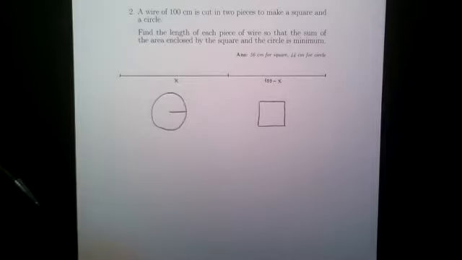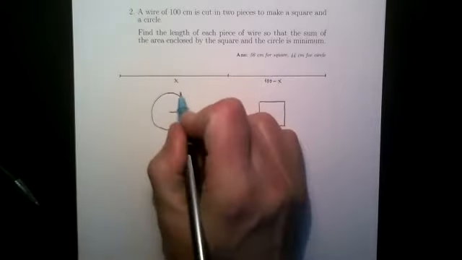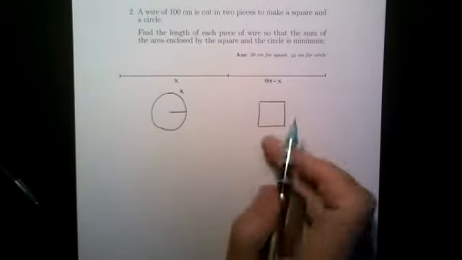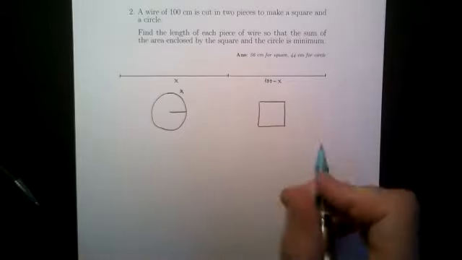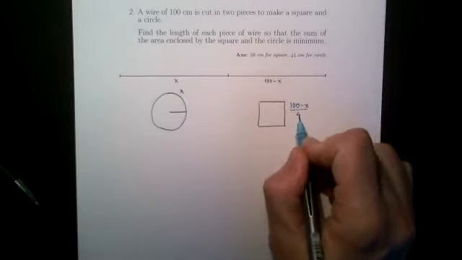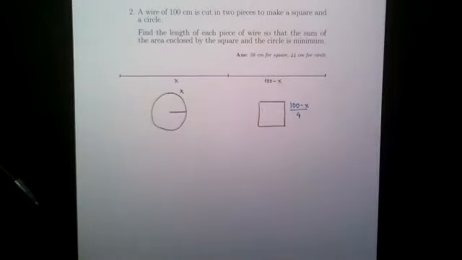So what's given to me here? I know that the circumference here is x, and I know that the circumference here is 100 minus x. Therefore, each side here is (100 minus x) divided by 4. That's clear?